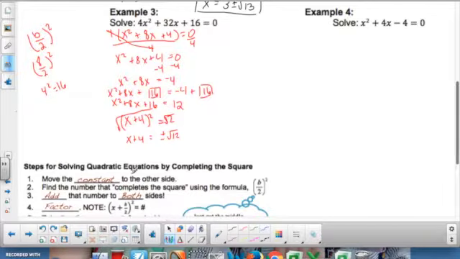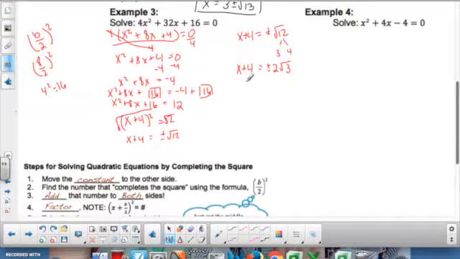Now, the square root of 12 does simplify, so you might want to do that first. When 12 simplifies, you have a 3 and a 4, and the square root of 4 is 2. So that means that simplifies to plus or minus 2 root 3.